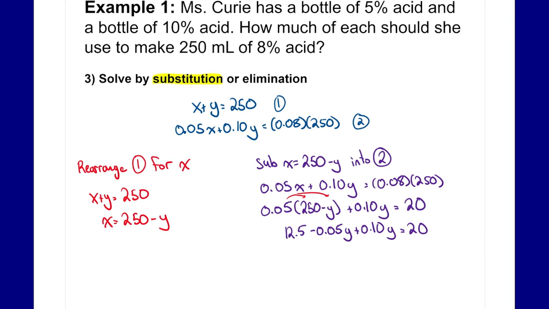We're going to collect like terms and solve. So negative 0.05 plus 0.1 is 0.05y. I'm going to move that 12.5 over, so it becomes 20 minus 12.5. 0.05y is now equal to 7.5.